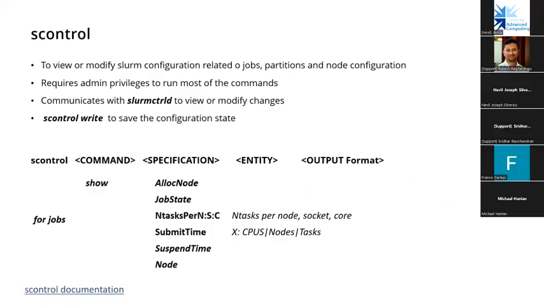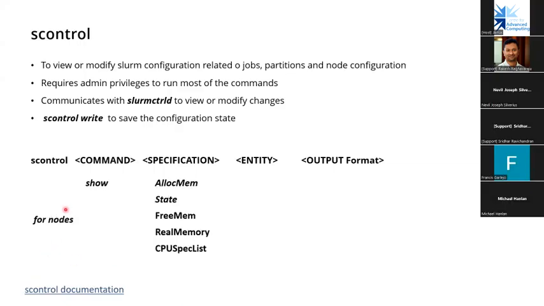And then we can also see job states, or we can see how many tasks are requested for this job, and also when the job was submitted and what nodes it's running on, and so on and so forth.